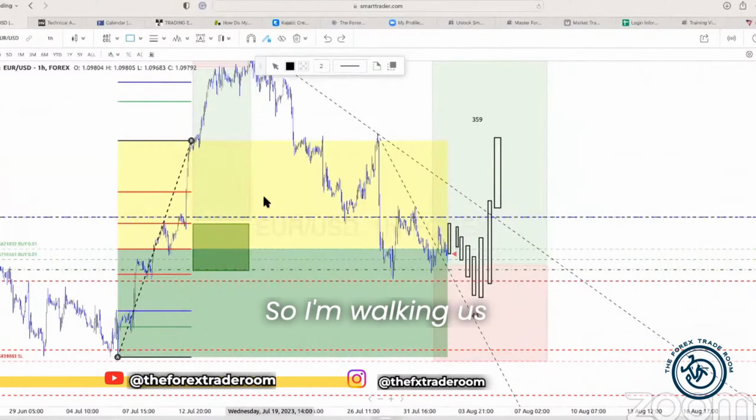So I'm walking us through this because I want to ensure that as we're thinking through our process, we have rules, but we don't continue to add additional things that don't confirm anything.